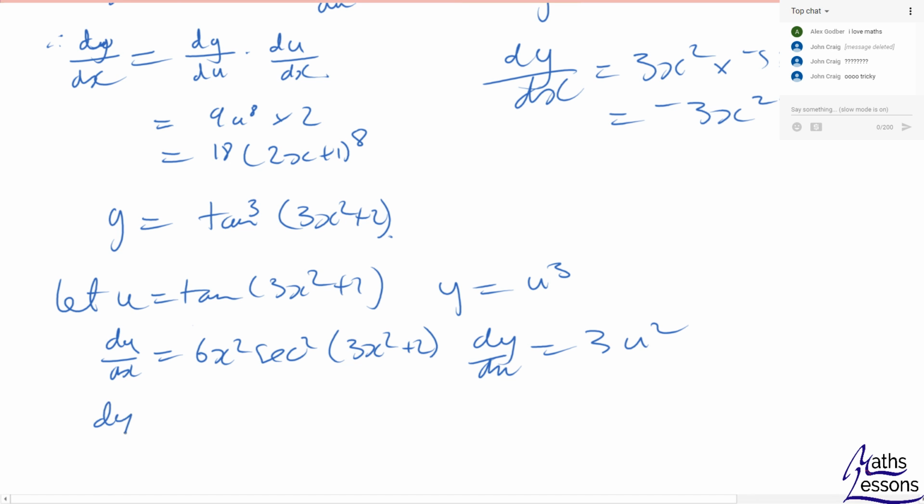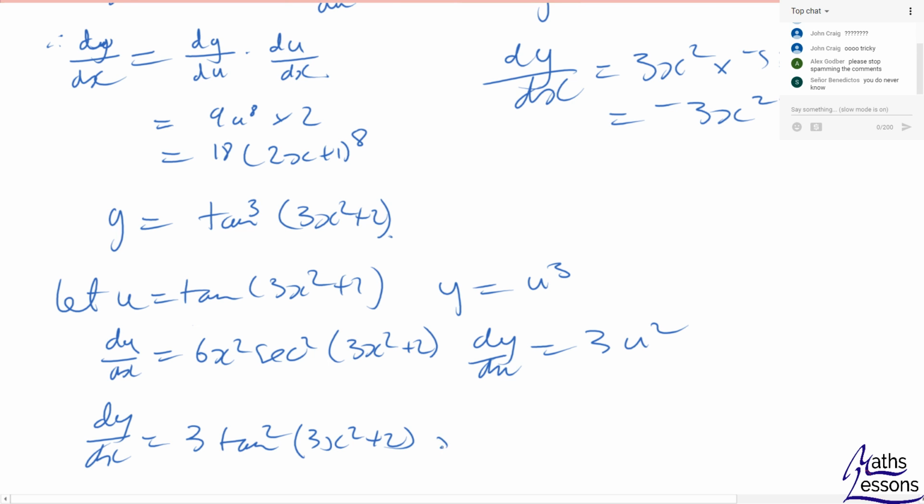Now, therefore, dy by dx will equal dy by du times du by dx. That's 3u squared. Now, u is equal to all of this, tan 3x squared plus 2, and we want to square that.